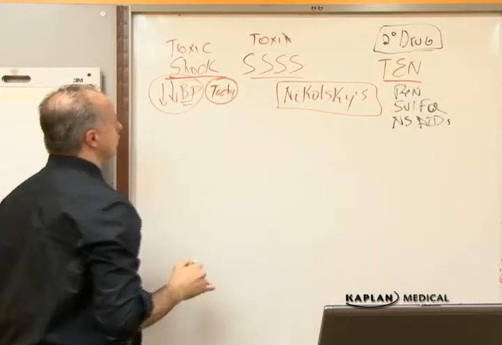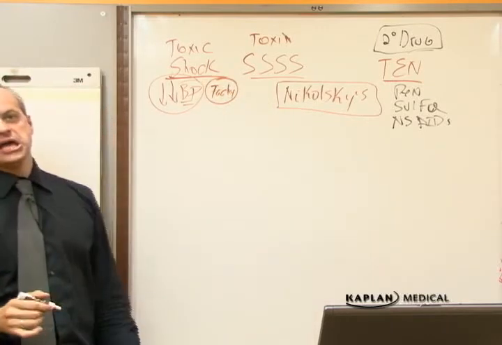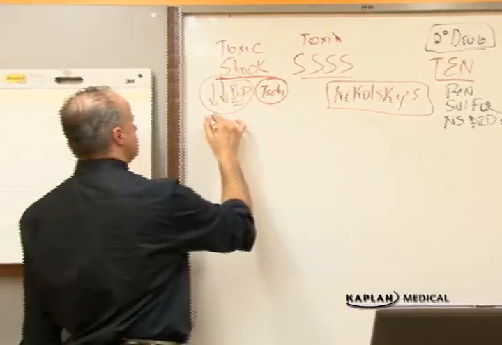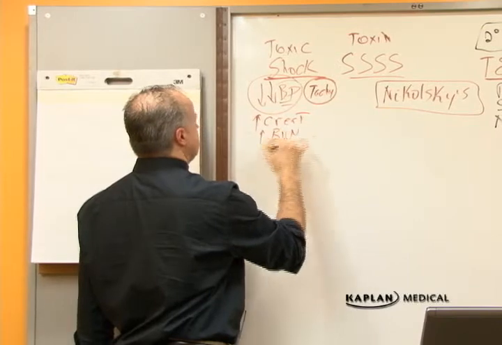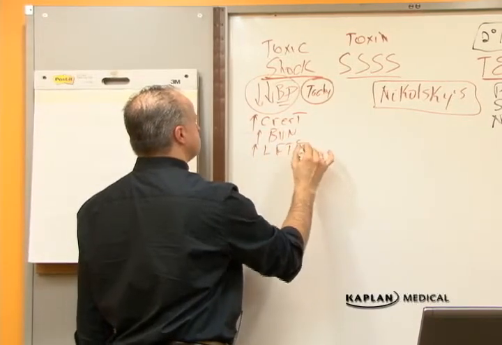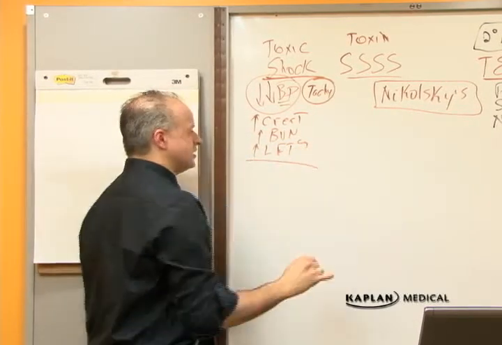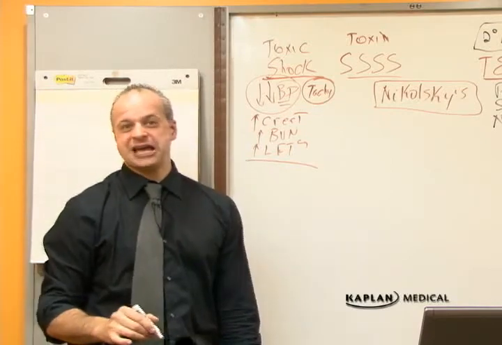Tachycardia. Hypotension, tachycardia, exfoliative rash. Increased creatinine, increased BUN, increased liver function tests, diffuse organ damage.